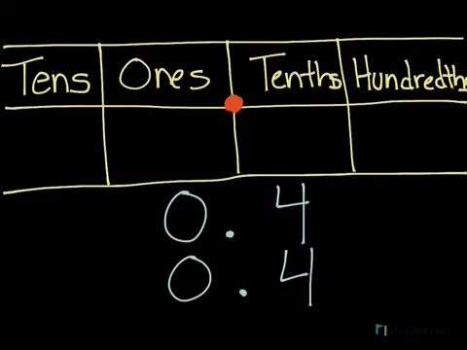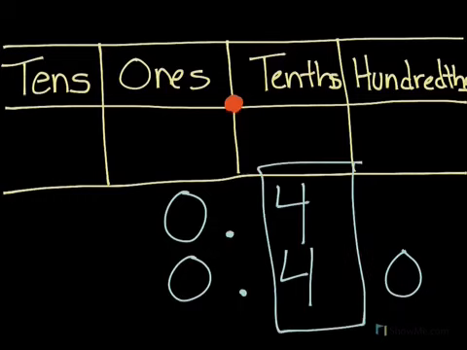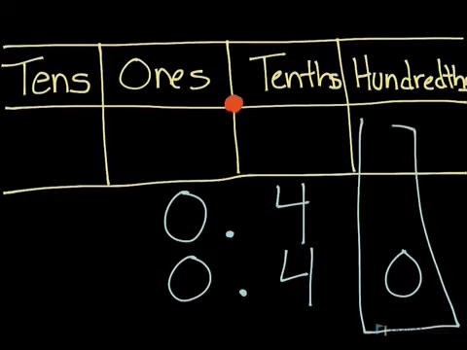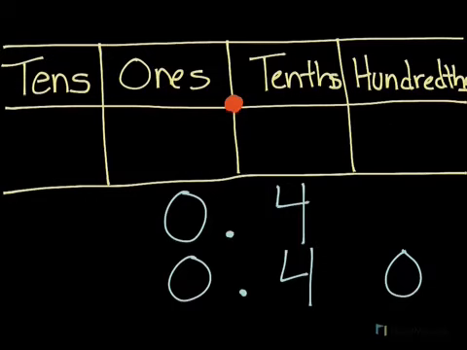Here's how we would write 40/100ths. Which is greater? Well, if I look at our tenths, both of them have 4 tenths. If I look at the hundredths, they both have 0. These two fractions are actually equivalent.